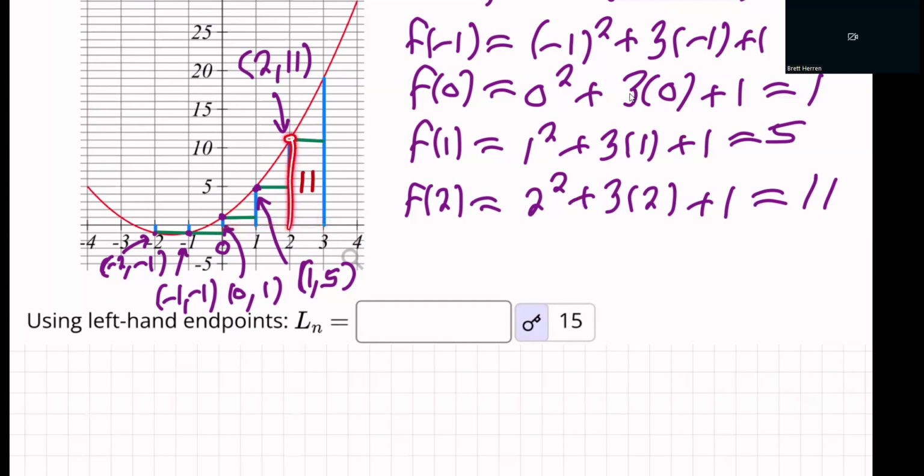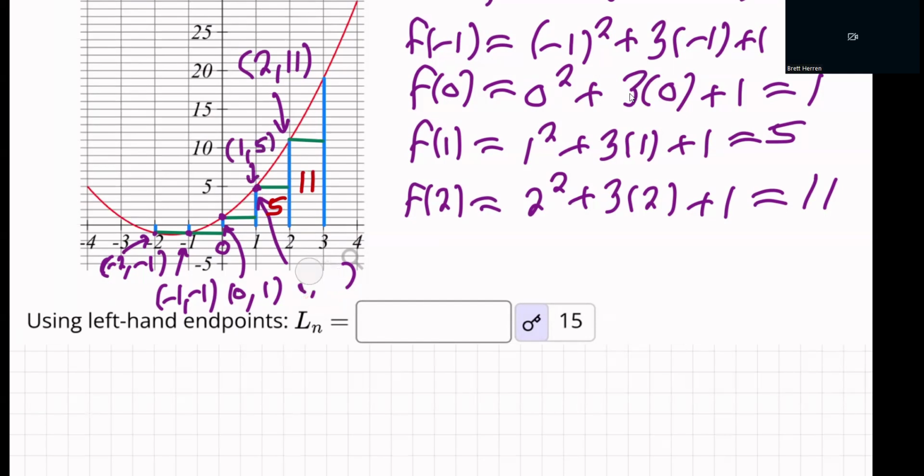This next one comes up to a height of 5, so it's 5.